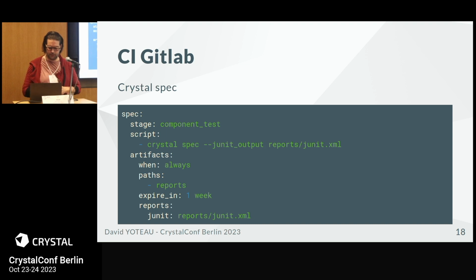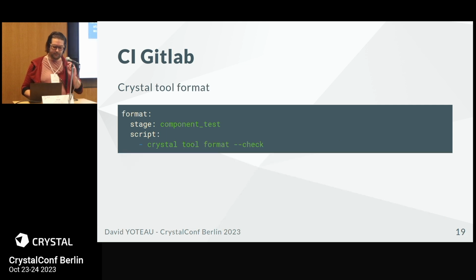It's very useful. For Crystal tool format, when I use it locally, I let it modify my code. In CI, I prefer it to fail, so I use the --check argument.